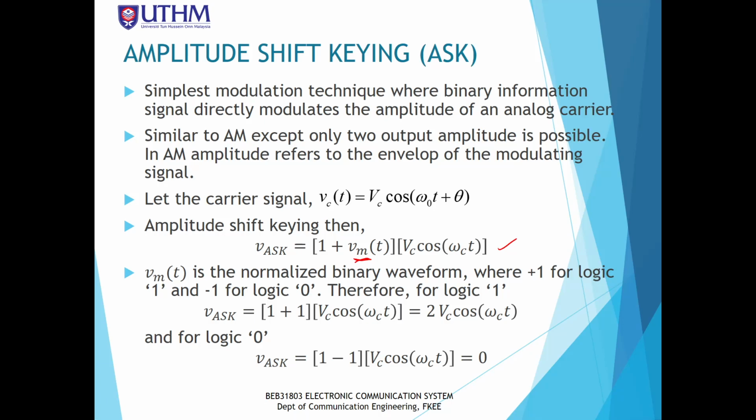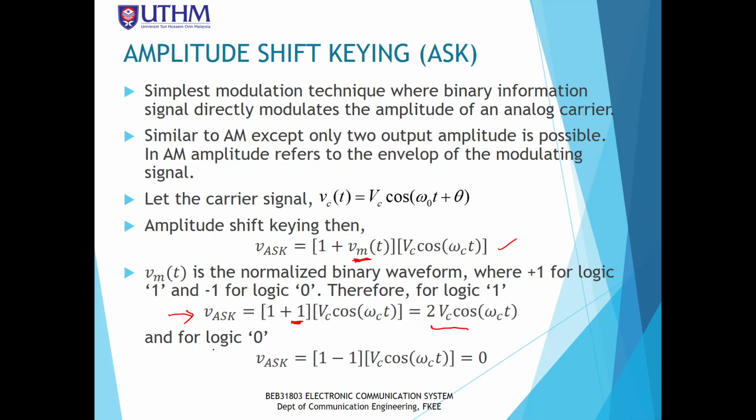If it is logic 1, we replace VM(t) with positive 1. If the input is logic 0, we change VM(t) into minus 1. So what happens? If the input is logic 1, we replace VM(t) with plus 1, and we produce an output of 2 times VC cos omega C t.